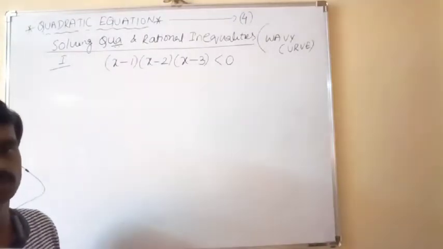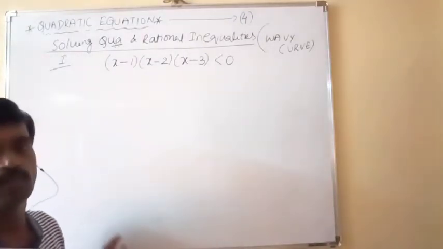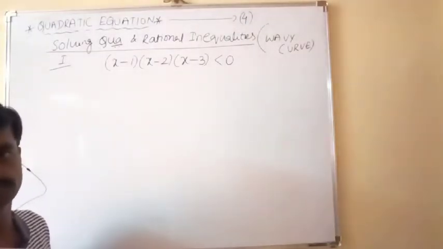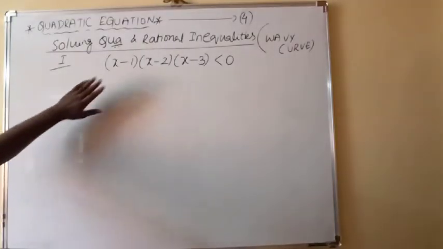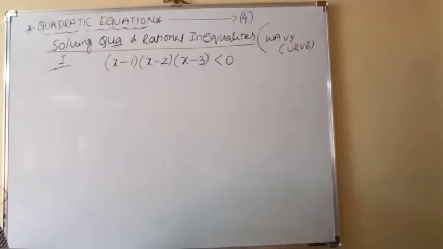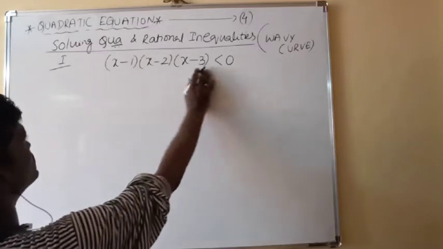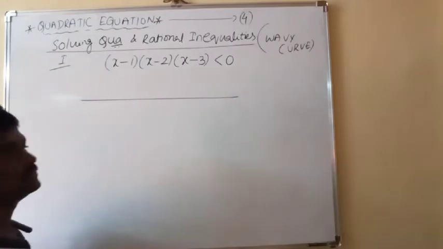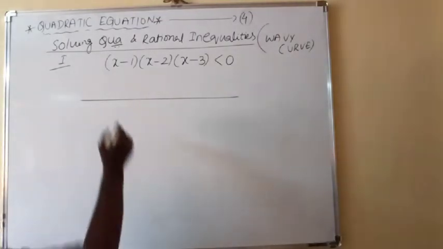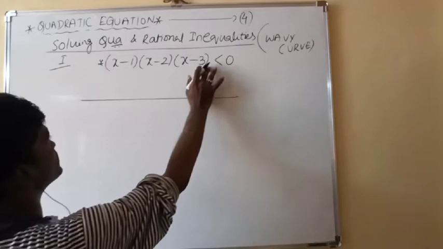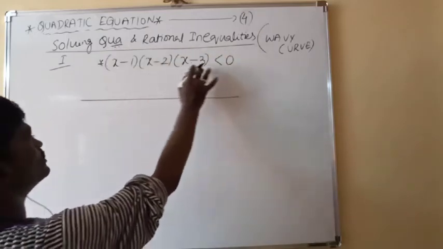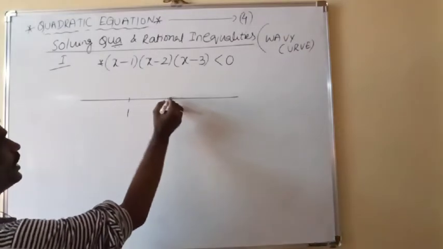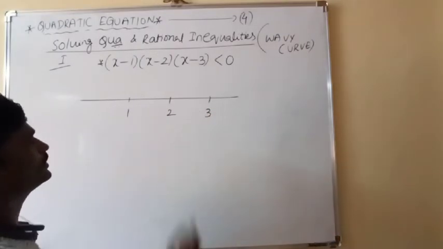Make the coefficient of x in each linear factor positive, which it already is. Now identify where this expression is equal to 0. Clearly the left side expression is 0 when x is equal to 1, x is equal to 2 and x is equal to 3. So identify x equal to 1, x equal to 2 and x equal to 3 on the real line.